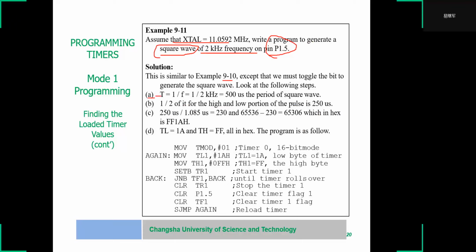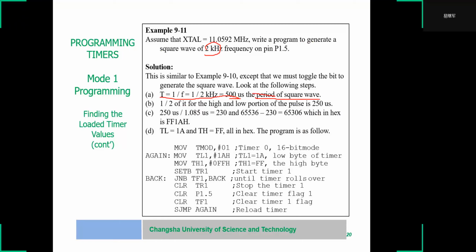T is equal to 1 divided by F. F here is 2K. So we get the time duration of the square wave.